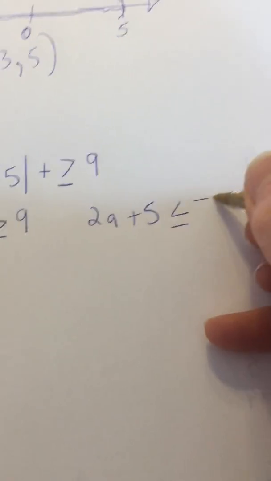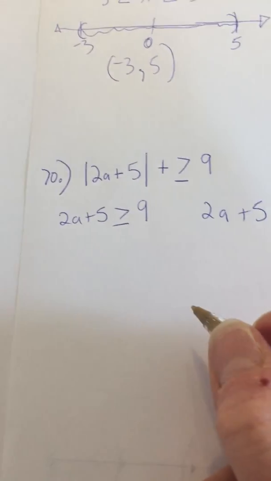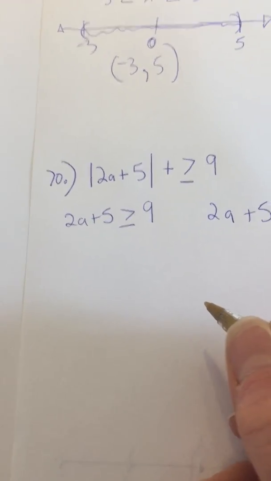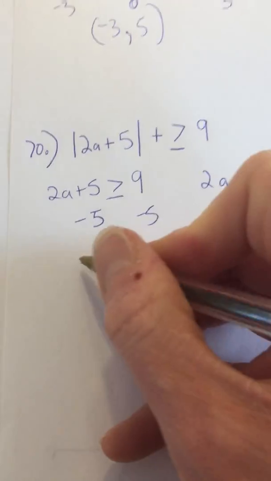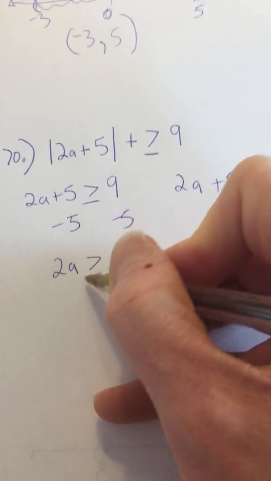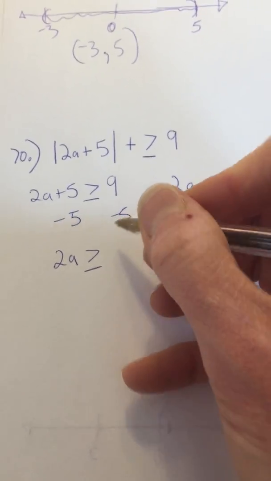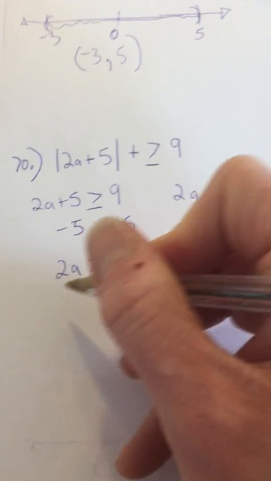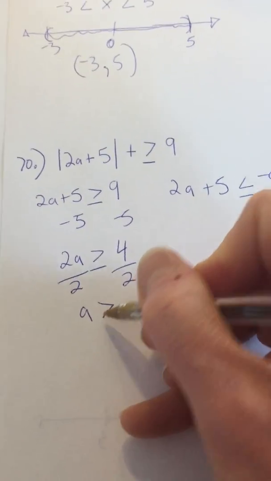I did not do it like that several times, and it didn't work out. So now you have 2a plus 5, and so I'm going to go like this and take away the 5 on both sides. So now I have 2a is greater than this. Take away 5 is going to be a +4. Divide by 2. Divide by 2. So a is greater than 4.